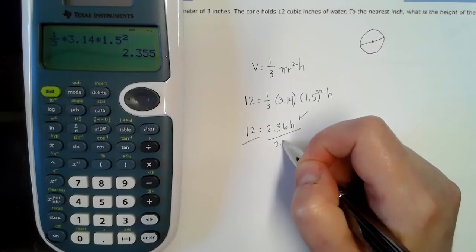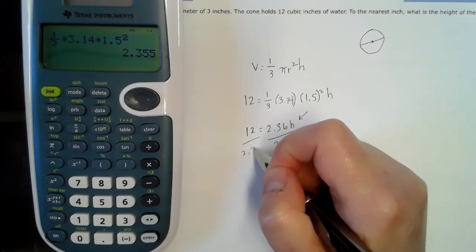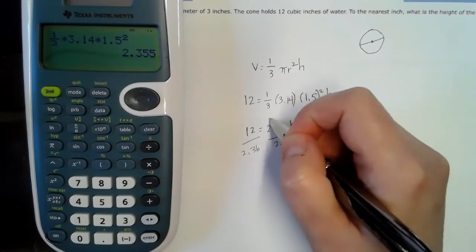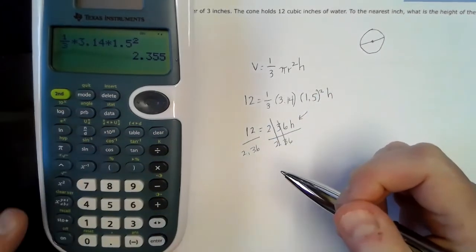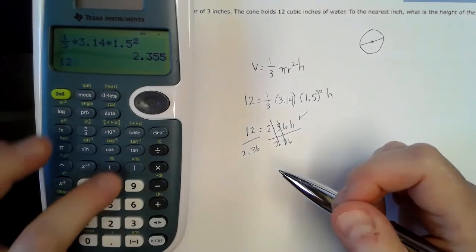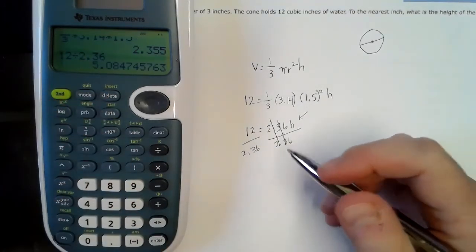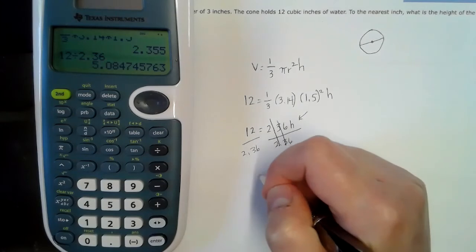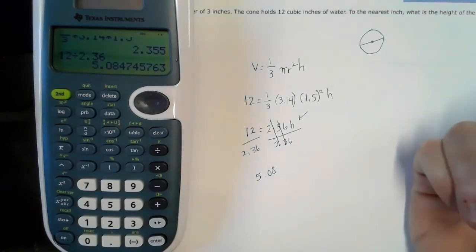So this is 2.36. This is 2.36. This side cancels. And then we just take our calculator again. 12 divided by 2.36 equals 5.084.